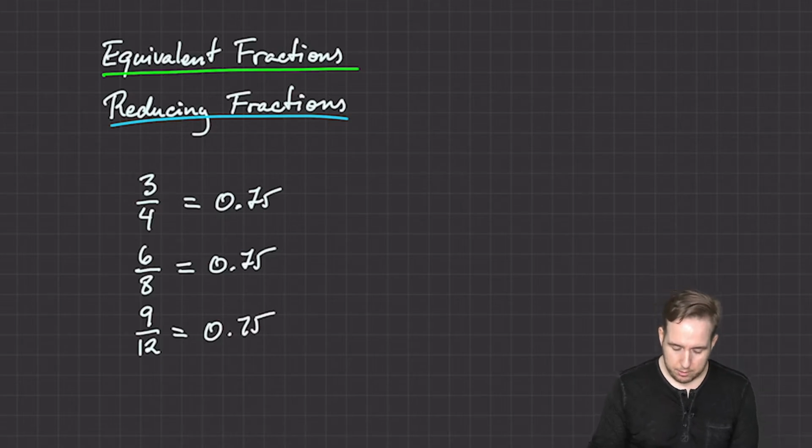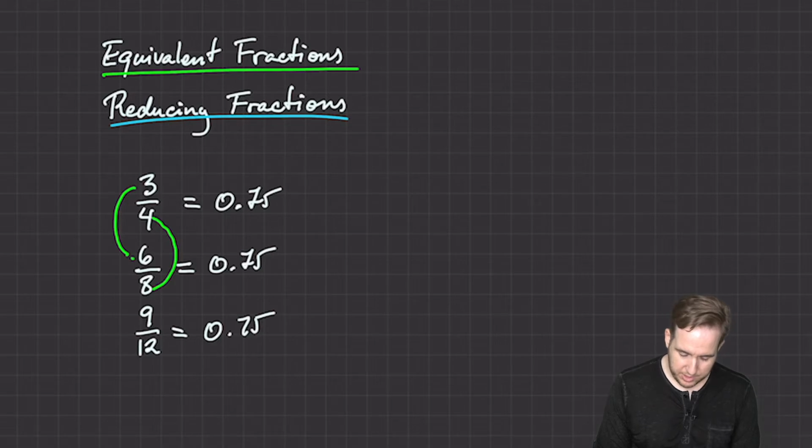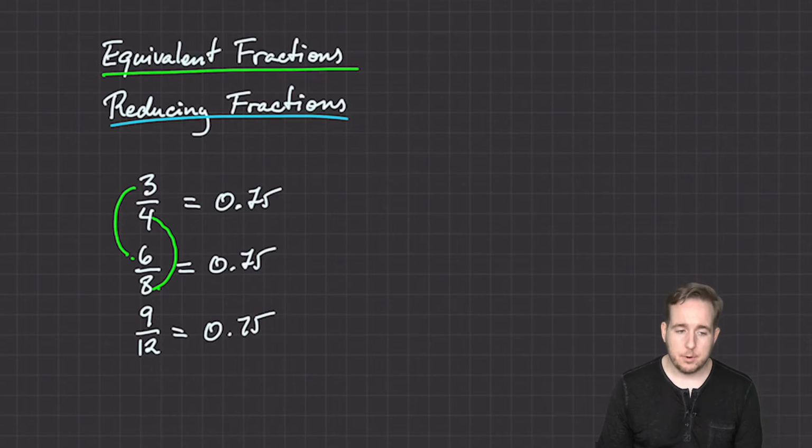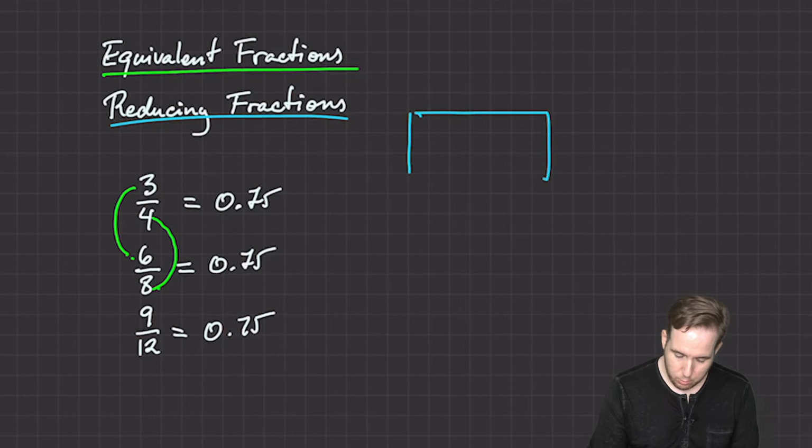And you know the pattern already, which is if I multiply, say in this case, this times 2 and this times 2, 3 times 2 is 6, 4 times 2 is 8. If I multiply both the top and the bottom by the same number, I will get fractions that give me the same value. And the way you think of that graphically is, let's say I have a chocolate bar that I divide in quarters.